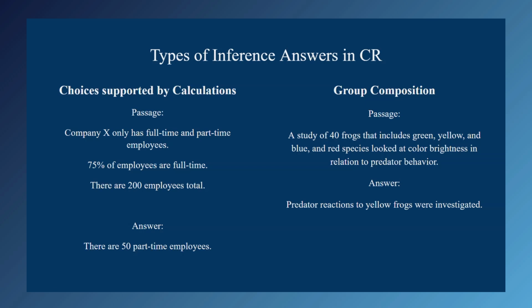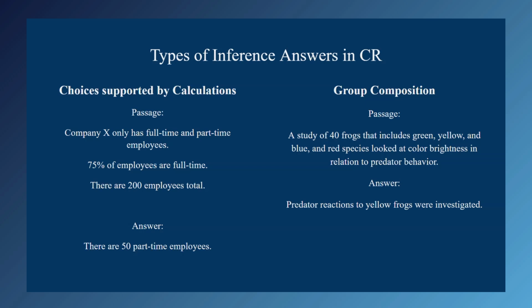If the passage discusses a study of 40 frogs, it includes yellow, green, blue, and red species, and it looked at color brightness in relation to predator behavior, a correct answer could say predator reactions to yellow frogs were investigated. This is basic set logic. You're just matching members and attributes directly from the facts given.